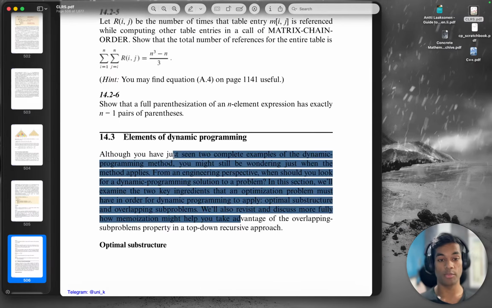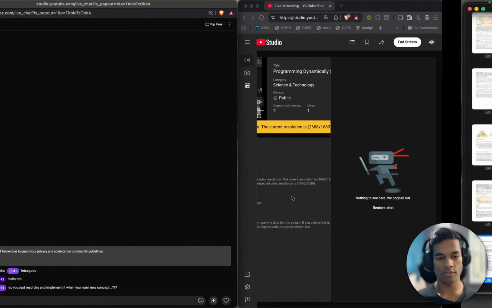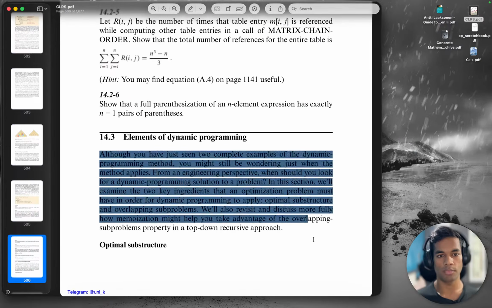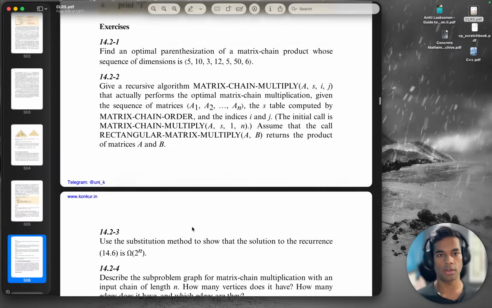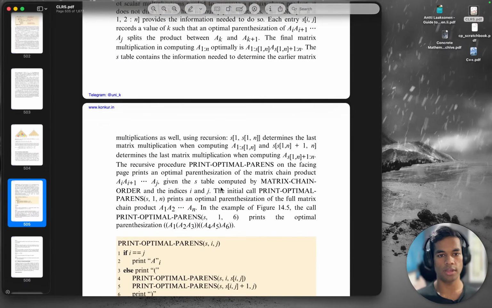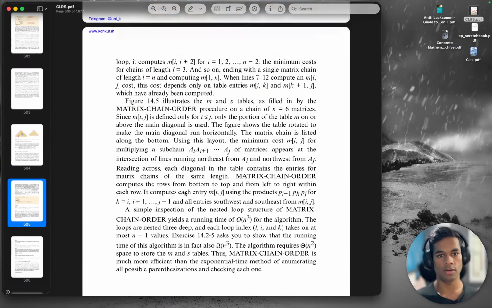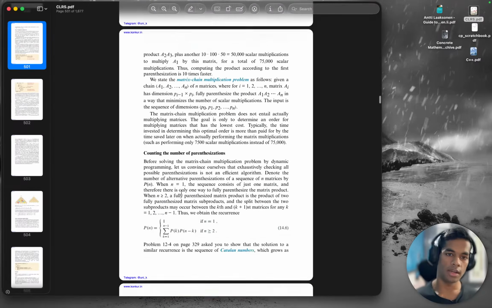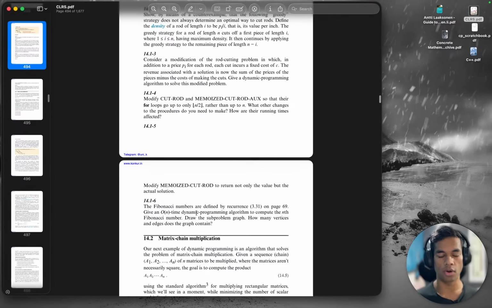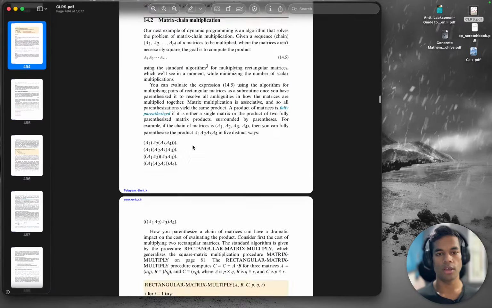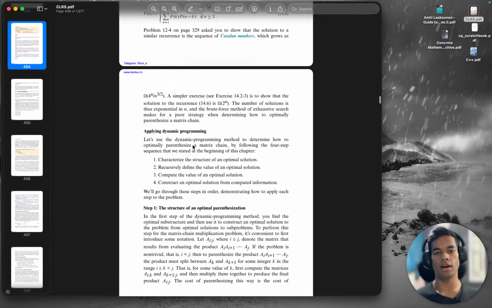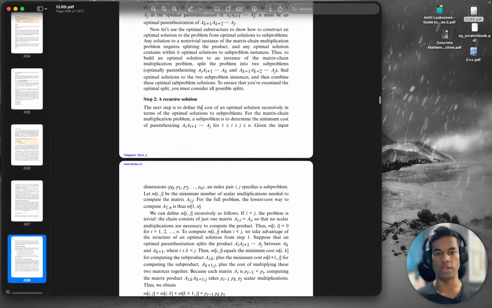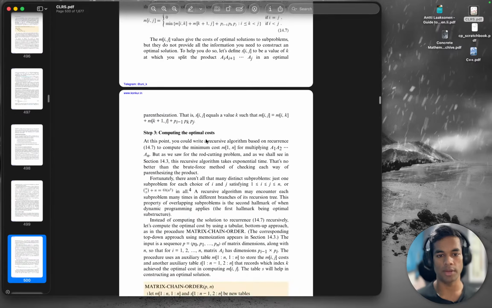So elements of dynamic programming, and I'm going very hard after this because yesterday we only did one section, in which we solved matrix multiplication, and the day before we only did the rod cutting problem section. Let's say I give one day to each of these subsections of this chapter.